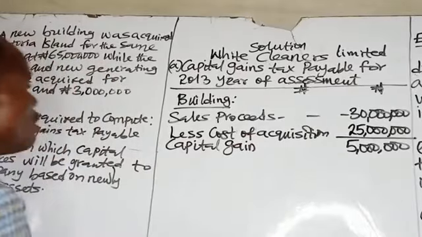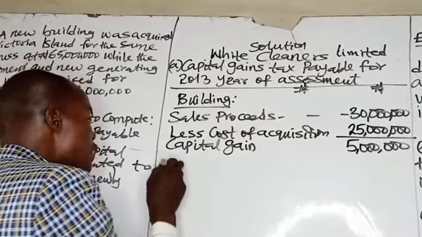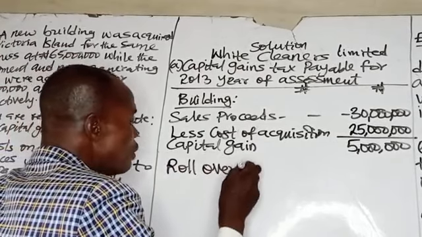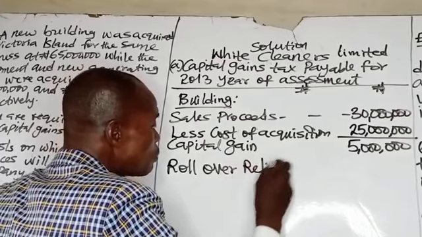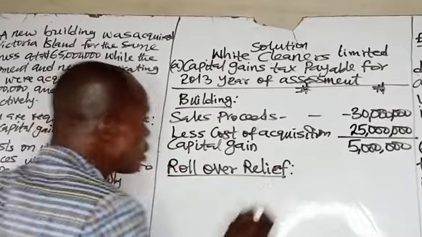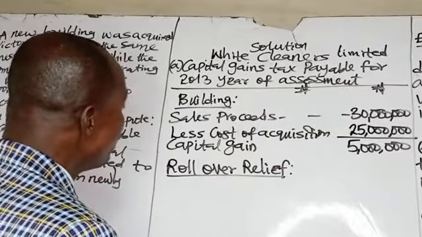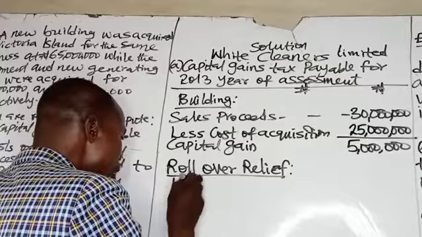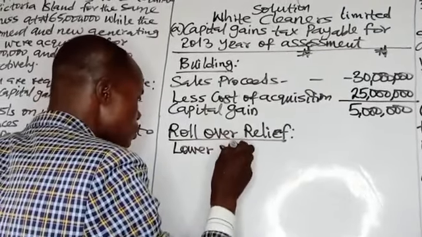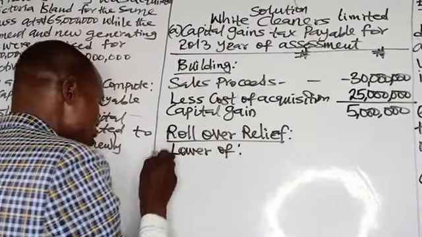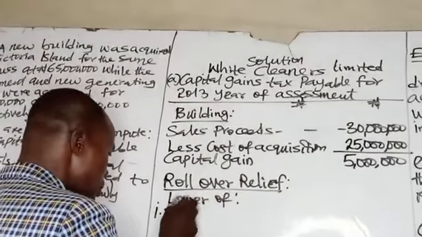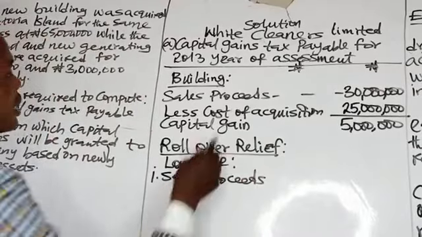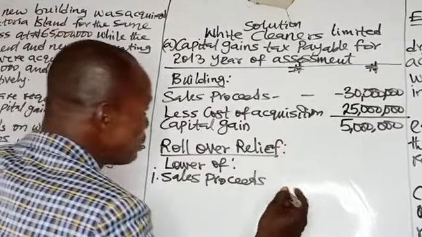Then we now deduct rollover relief. Rollover relief claimable. I've told you that for rollover relief, you have to consider the lower of number one, sales proceeds, and the sales proceeds amounted to 30 million naira.